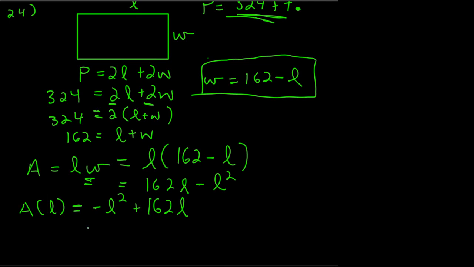So I will use my vertex equation to find the vertex. Now I have two options here. I can complete the square, or I can use negative b over 2a. And I'm going to say my L value, when this is maximized, is going to be negative b over 2a, where my b is 162, and my 2a is negative 2, because a is negative 1.